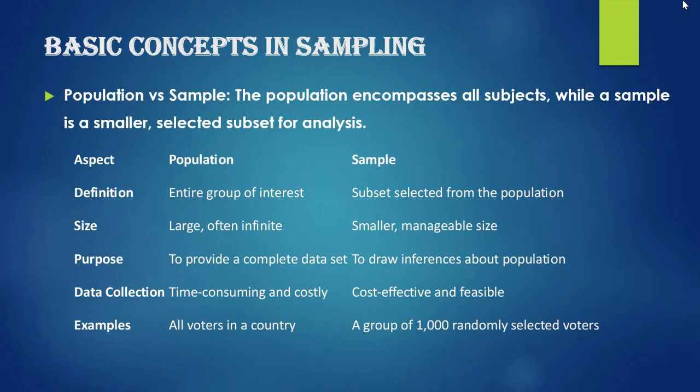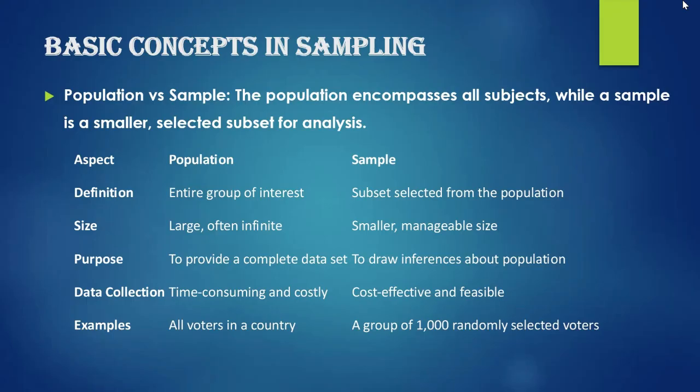Some examples of a population are all registered voters in a country for an election study, all smartphone users in a city for a product satisfaction survey, and all patients diagnosed with diabetes in a hospital for a clinical trial.